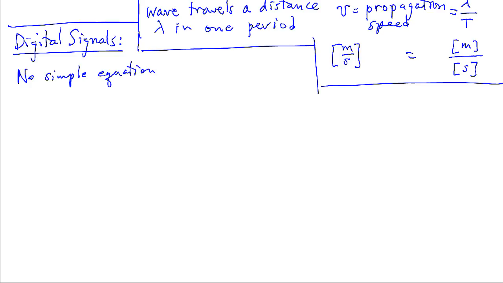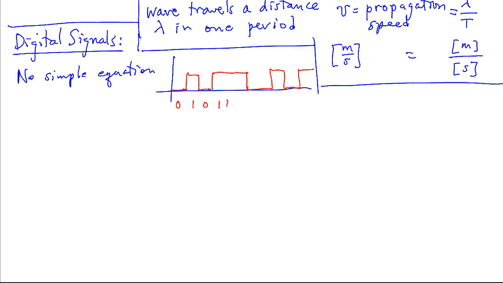And our digital signals typically look something like this. Let me go ahead and make it look pretty with a red. Maybe we've got some zeros and ones here. Maybe we label this 0, 1, 0, 1, 1, 1, 0, 0, 1, 0, 1, something like that.